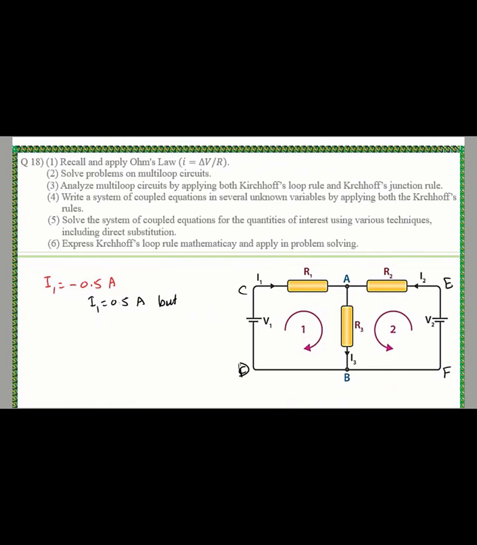In the drawing, we put it from C to A, but as the answer is negative, our assumption for the direction is wrong. It is not from C to A, it is from A to C, to the left, through R1.